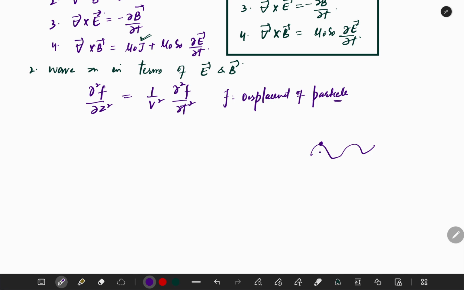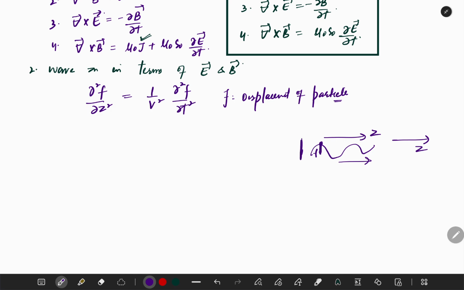This is the displacement from the mean position, this f. Obviously it's a function of time, and here the wave is propagating along the z direction. If we consider this as the z direction, the wave is propagating in this direction, but the displacement is up and down.